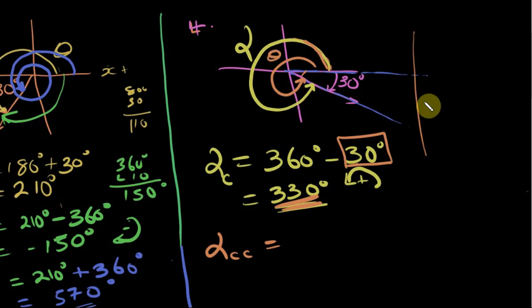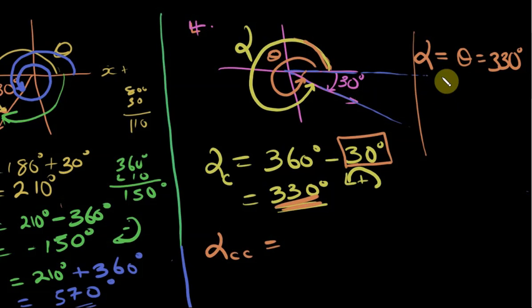In this case, if your angle is in the fourth quadrant, you realize that one of your coterminal angles is the same as your reference angle, which is 330 degrees in this case. Alright, cool.